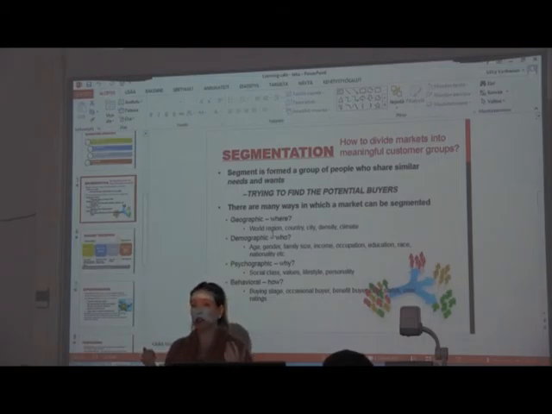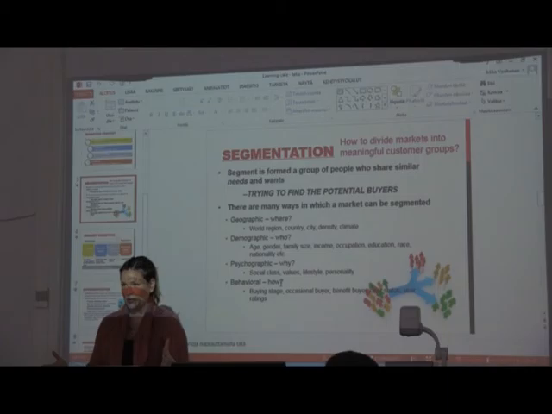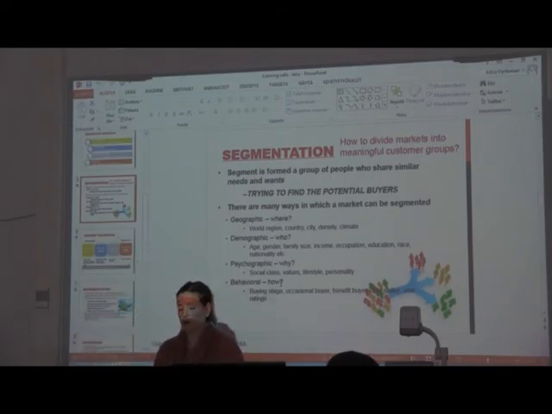Maybe he or she has a higher income, maybe they are families, maybe they are more educated than others, maybe they own their own houses, maybe cottages. Where do they use it? And then you think about the buying stages. Is it the man who says, this is the terrace board to go with? Or is it the woman who says, no, wrong color, I want to have this one. So try to find the potential buyer group. That's what you need to do with Ilkka. Ilkka will help you along the way.